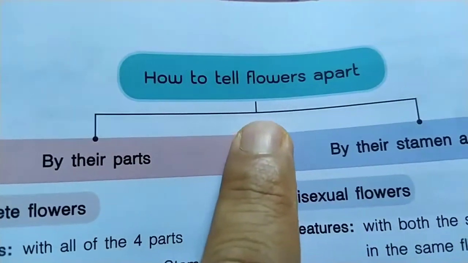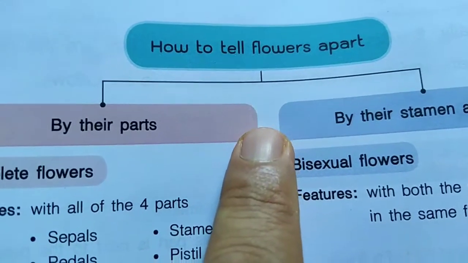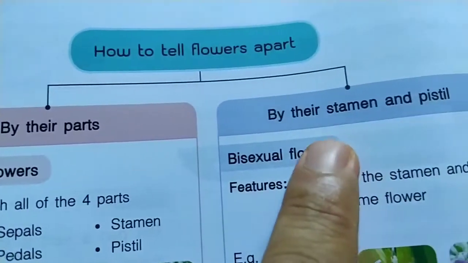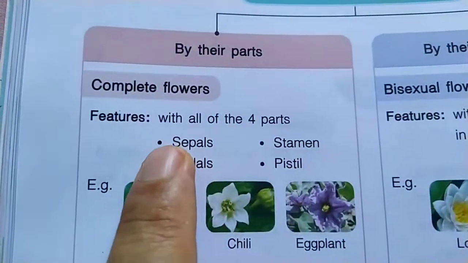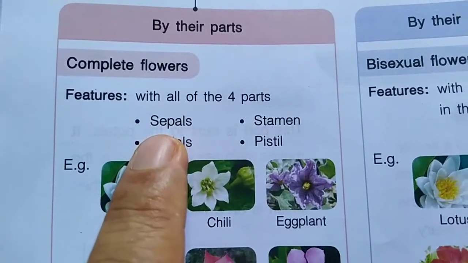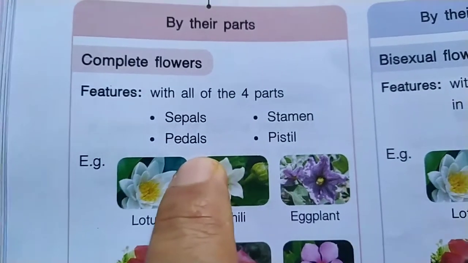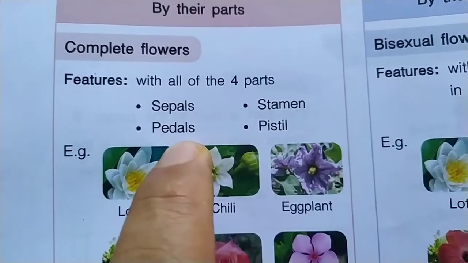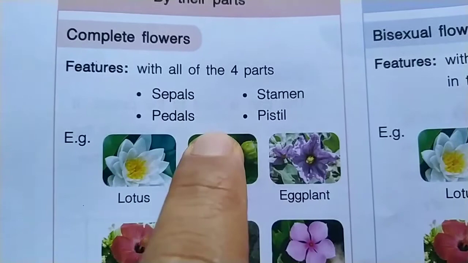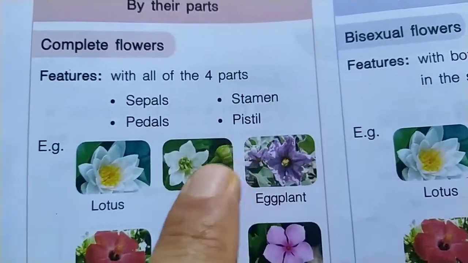Okay? So how to tell flowers apart? By their parts and by their stamen and pistil. Complete flowers have all of the four parts. You have the sepals, petals. Petals, not pedals. P-E-T, not D, alright? And stamen and pistil.